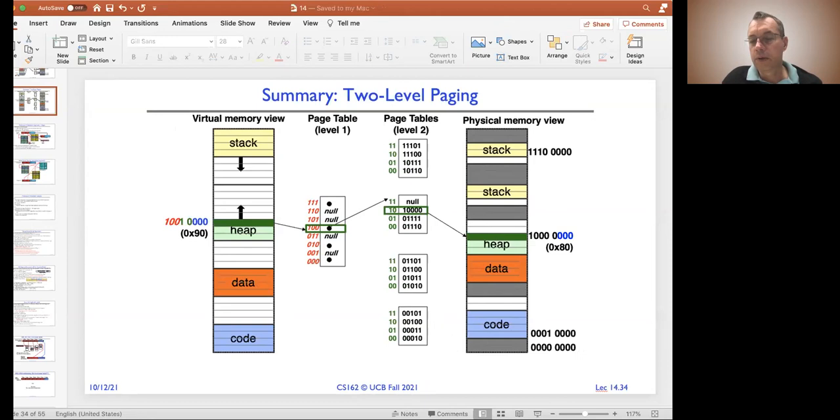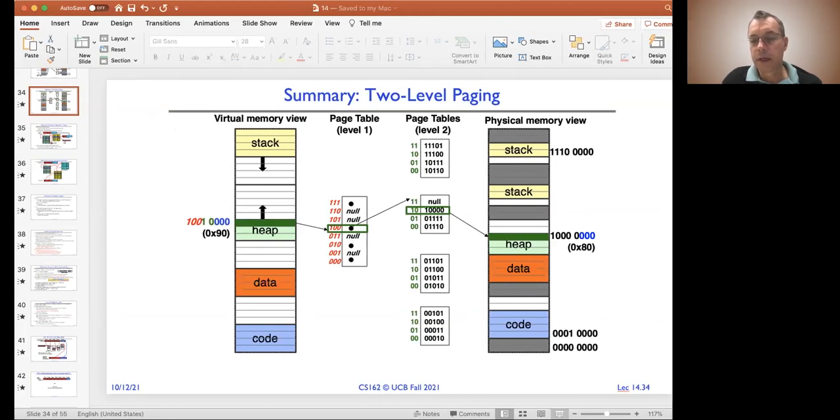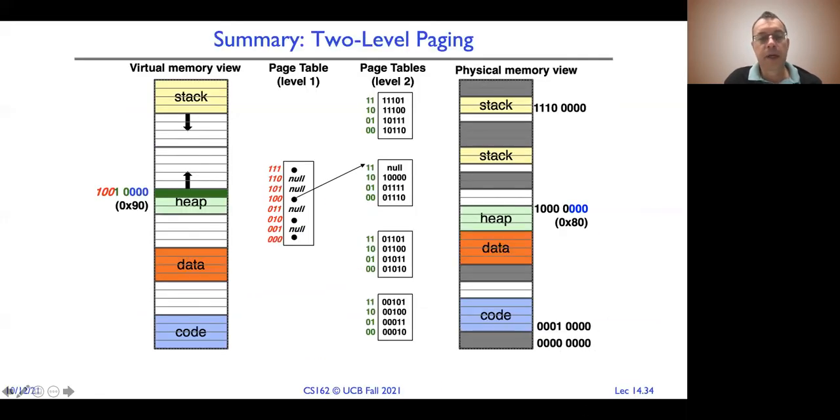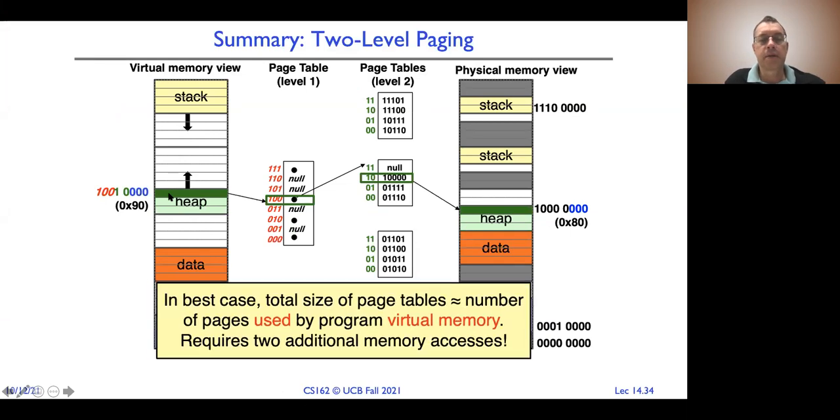Let's continue. We have just a few more minutes, and this also shows you how the translation is done. In this particular case, for the first level page table we use 3 bits, for the second level 2 bits, and for the offset 3 bits.